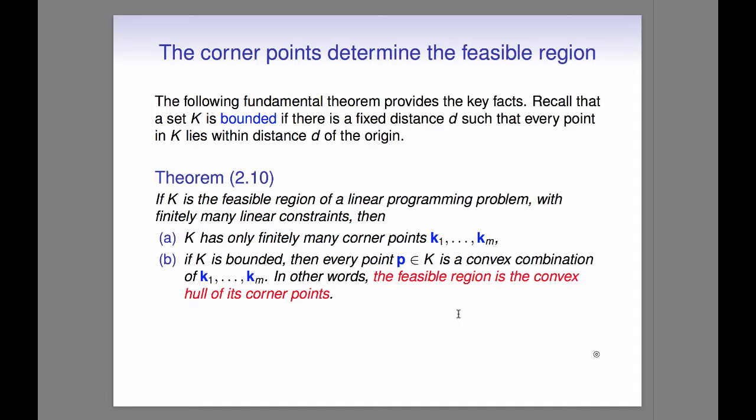In other words, the feasible region is the convex hull of its corner points. Now, this theorem is really quite difficult to prove, well beyond this course. In the printed notes, you'll find in one of the appendices a proof of this theorem in the case where the feasible region can be drawn in the plane. That's just to give you an idea of what the general proof might be like.